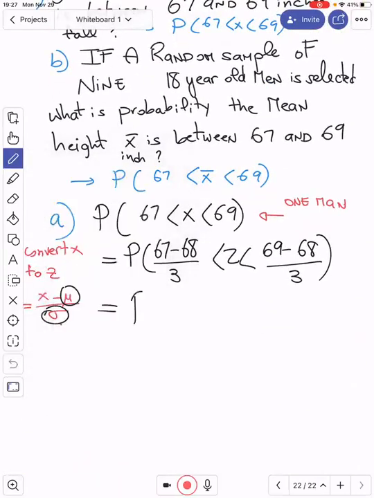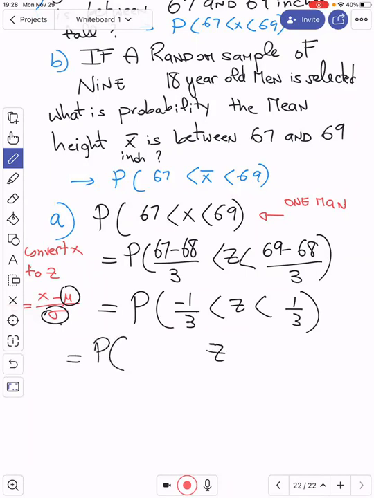So the probability that Z is between 67 minus 68, which is -1, so -1 over 3, and on the right side, 69 minus 68, that's 1 over 3. In other words, that's a negative 0.33 and a positive 0.33.